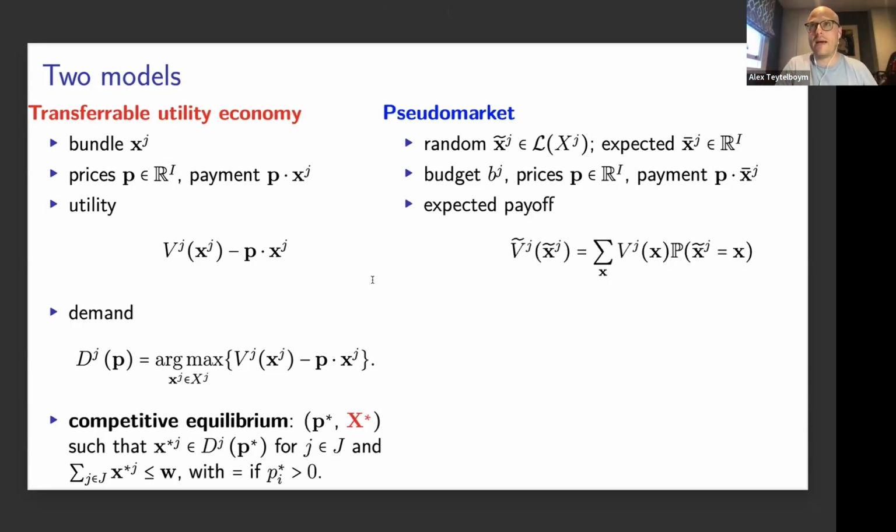So what is the expected payoff? The expected payoff is going to be denoted by V tilde. So it's like the expected V. And the argument is going to be a lottery. So you look at a lottery and you say, what is going to be my expected value of it? Why? So we can think about expected value here. Remember, agents have quasi-linear preferences on the other side. It implies that they're risk neutral.